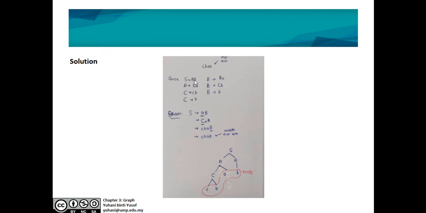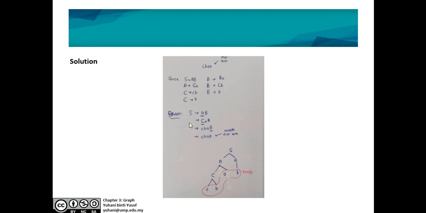So as a solution, we start from the starting symbol AB, and I need to choose the right production rule to ensure that at last I get the word CBAB. Now I substitute A with capital C A. Again, since I want a C, there are choices here: either B or CB. Of course I need to choose CB, because our aim is to have C and B as the first and second alphabet.